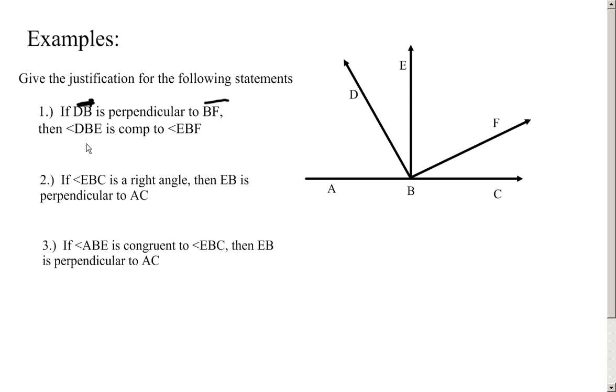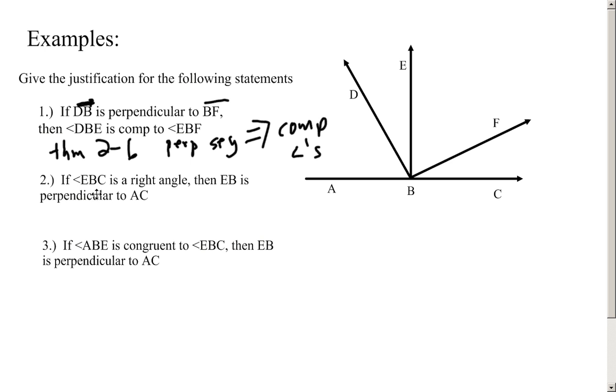Well, that was our conclusion, was that they're complementary. So that was theorem 2.6. Now remember, we don't need to memorize these numbers necessarily. We could write out, and this is how I would abbreviate this, perpendicular segments yield complementary angles. However it is that your teacher would have you abbreviate that.